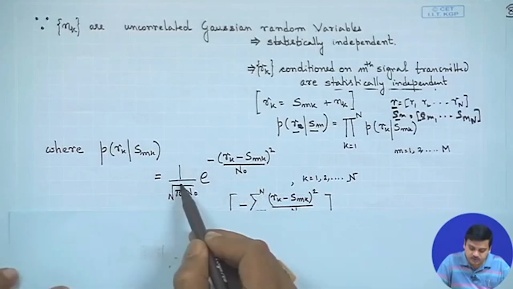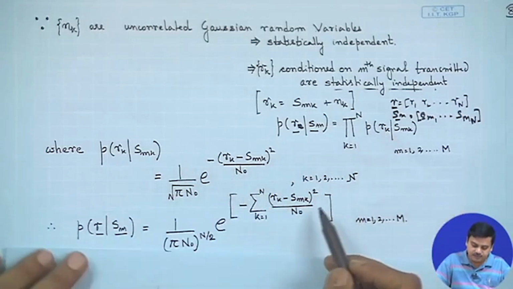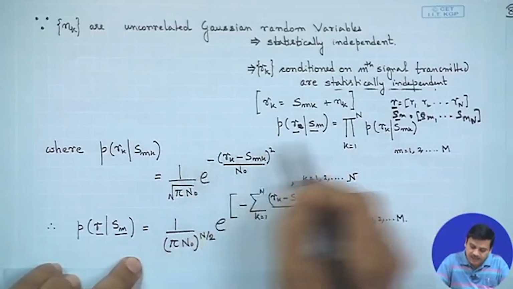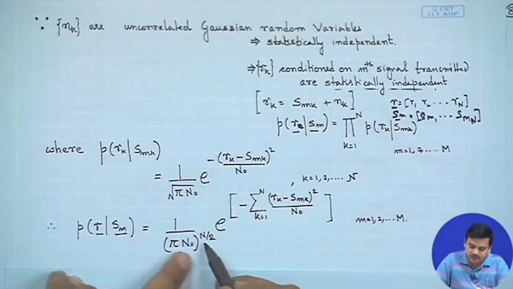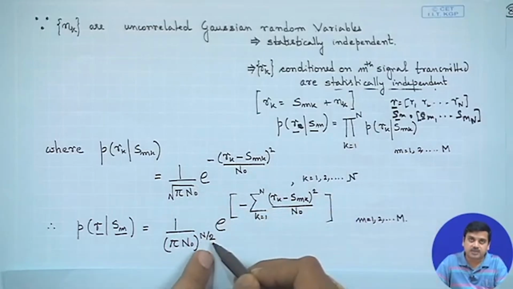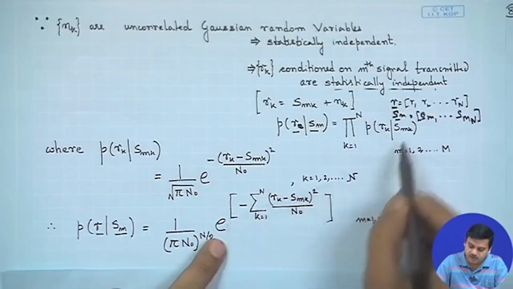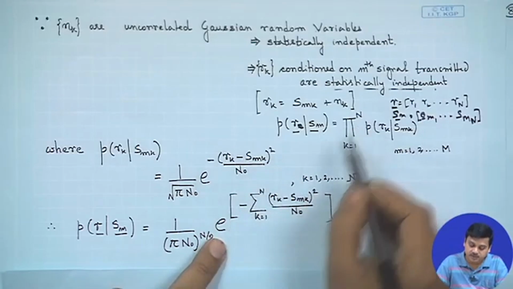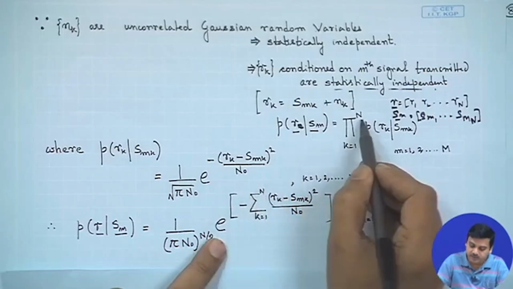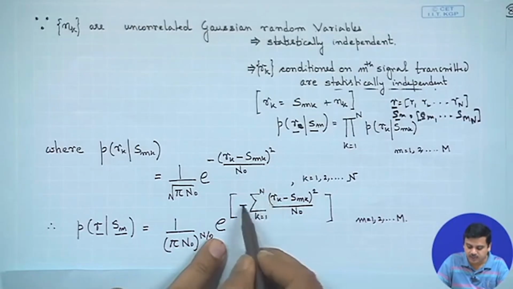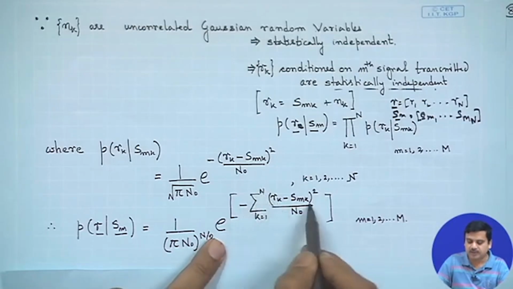So, if you substitute this back in this expression, you are going to get this capital N times, because there are N multiplications. So, this is raised to the power of N, there is a square root that comes as half, e to the power of this multiplied N times, that means in the exponent you are going to add them up capital N times. So, you have minus summation r k minus S m k squared upon n naught.